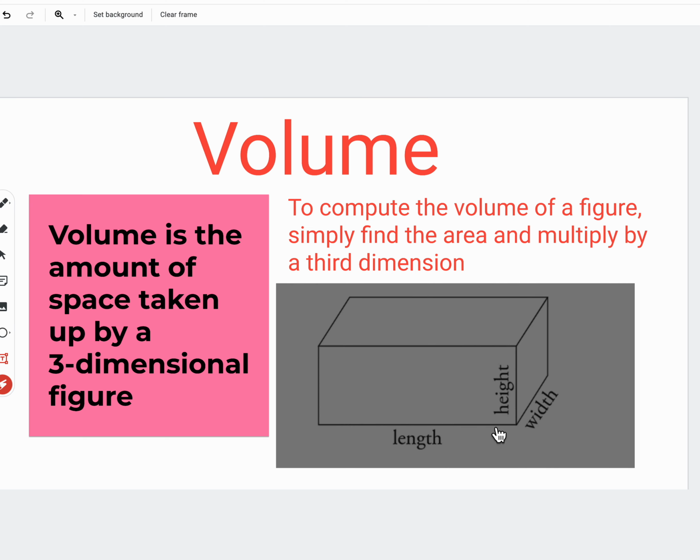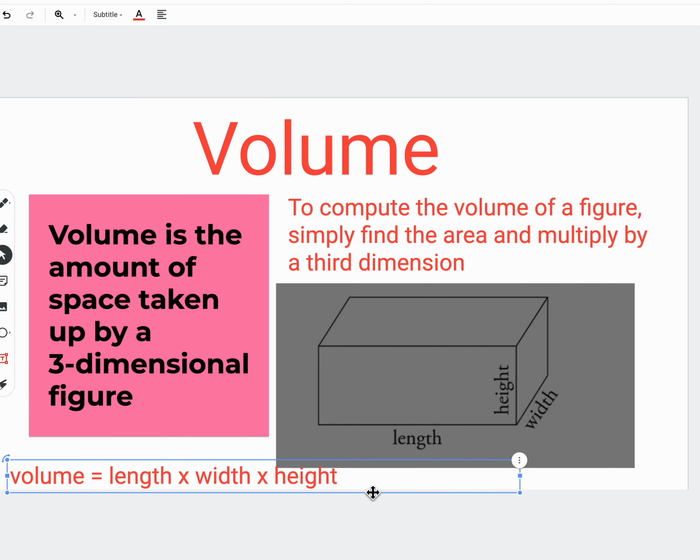We can multiply the length by the width, or the area of the base, by the height. This is the third dimension, to get our volume. Length times width times height is volume. Or V equals LWH.